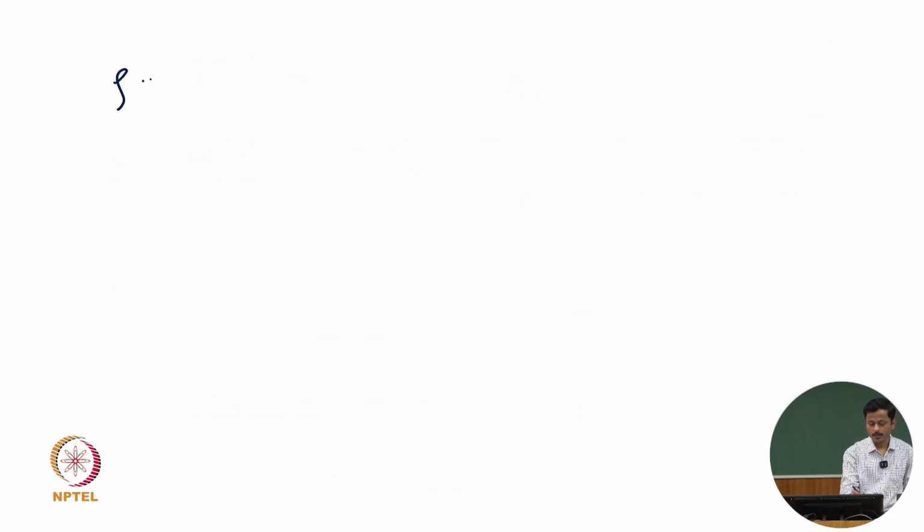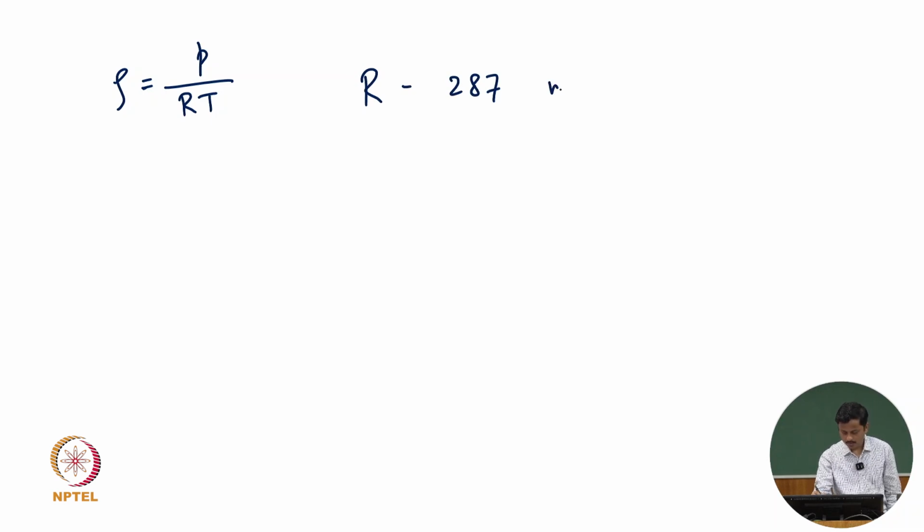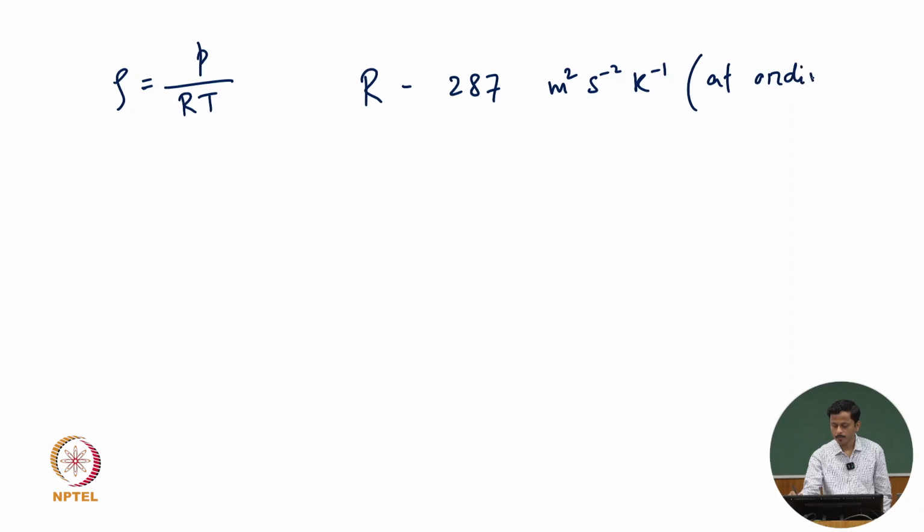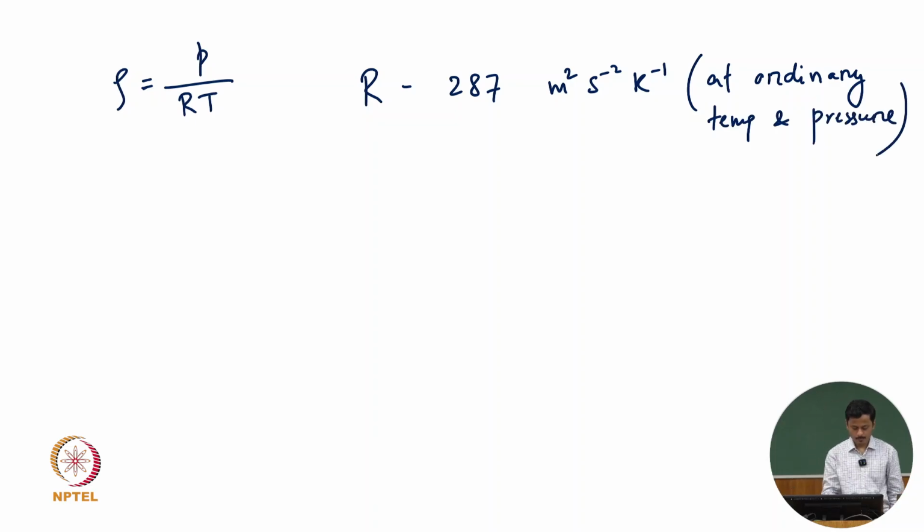So density is equal to P over RT, where R is 287 meters squared per second squared per Kelvin at ordinary temperature and pressure, and T is in Kelvins.